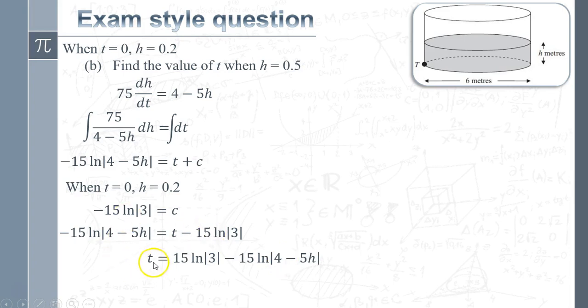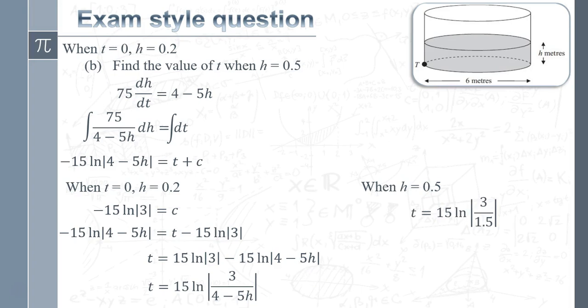It becomes positive. So we've got an equation for t in terms of h, which is what we need. A little tidying up to get that written as a single ln, and the final step is to put in when h is 0.5. There we go, t equals 15 ln 3 over 1.5, which is 15 ln 2, and there's your answer.